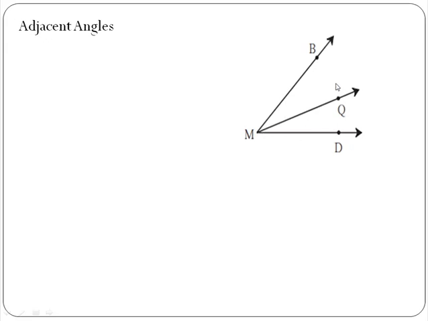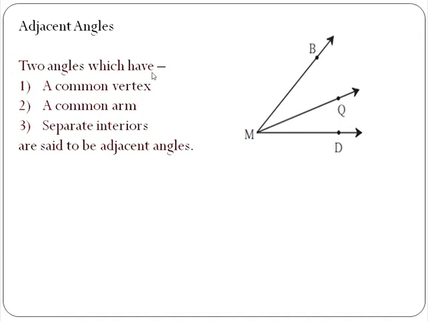Therefore, we can say the points in the interior of this angle and this angle are different or separate. Hence, in such condition, these two angles, angle BMQ and angle QMD, are adjacent angles. So, two angles which have common vertex, common arm and separate interiors are said to be adjacent angles.